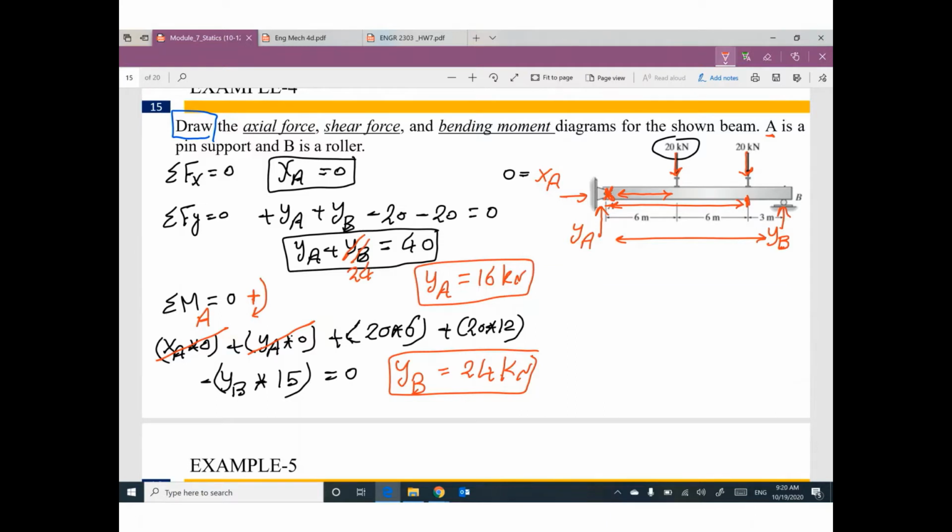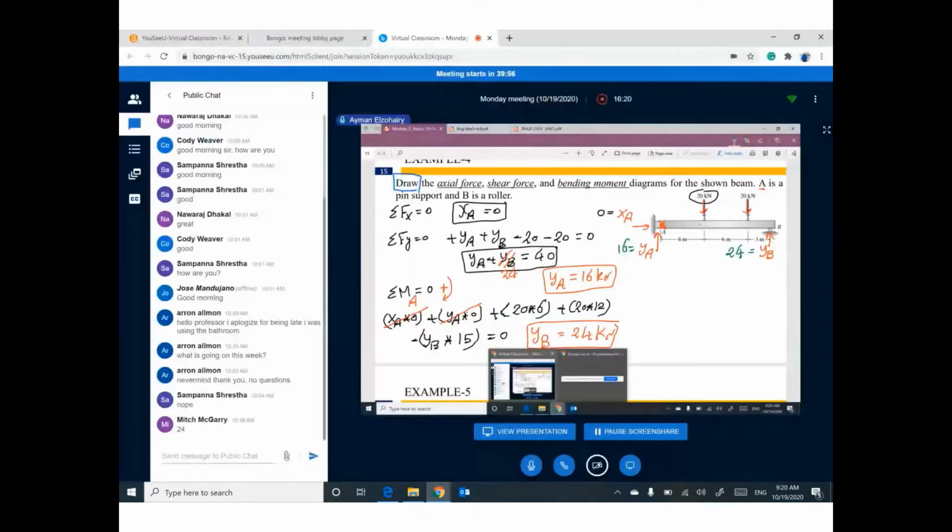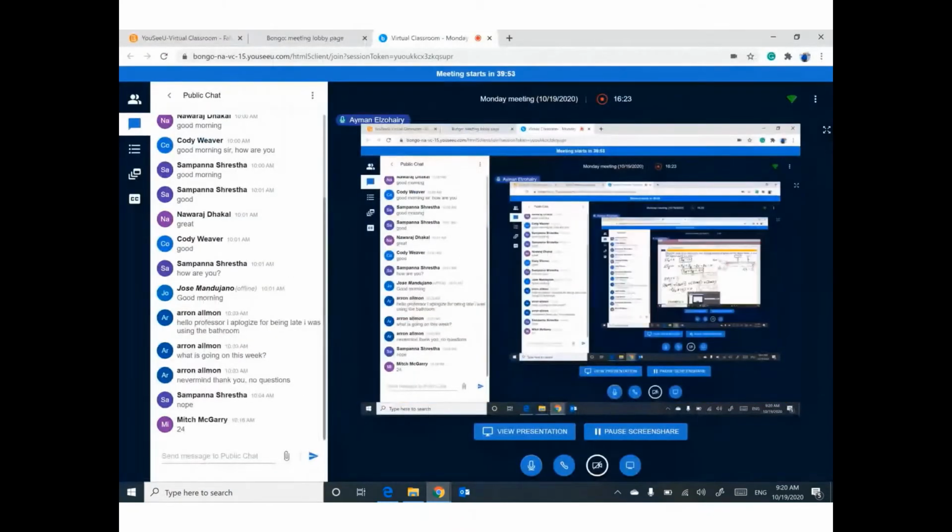So this reaction YA equals 16, and this reaction YB equals 24. Any question so far? Looks good.